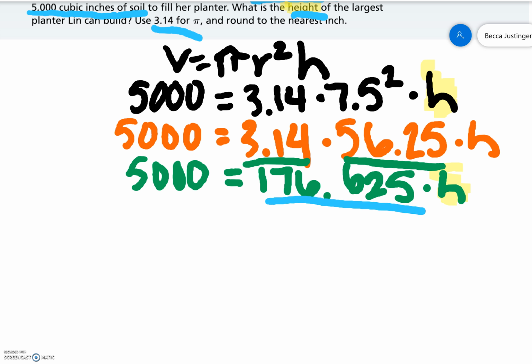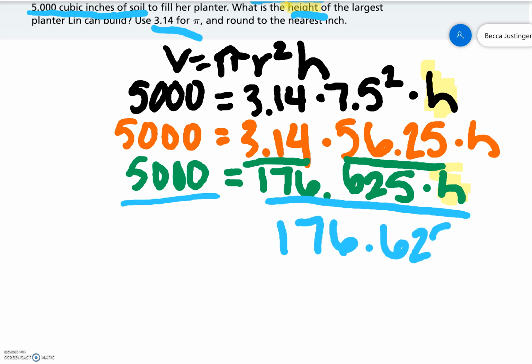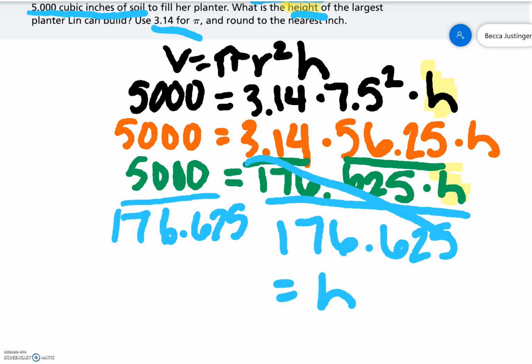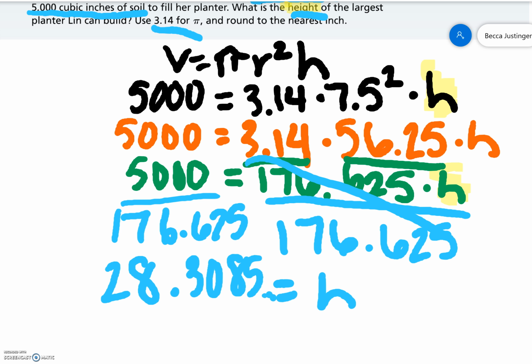It's being multiplied, so I'm going to divide both sides by 176.625. So it cancels out on the right, and h equals 28.3085, keeps going. It says round to the nearest inch. So that would be, the height is 28 inches.